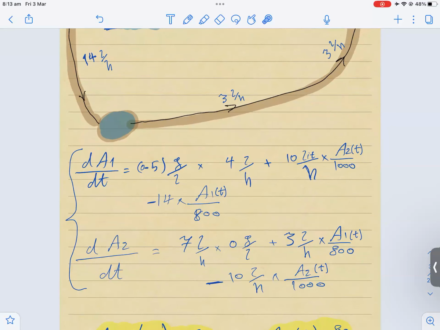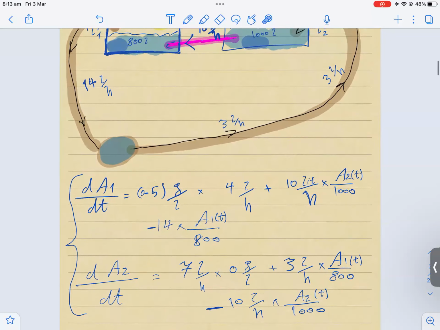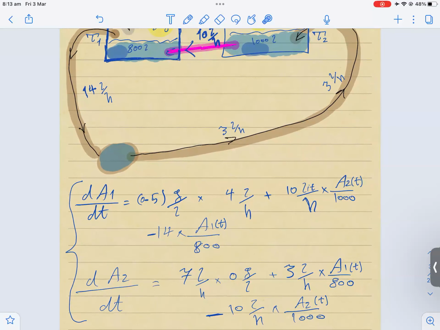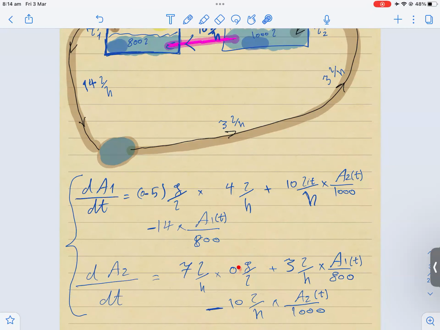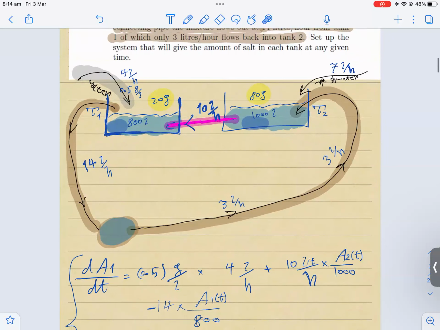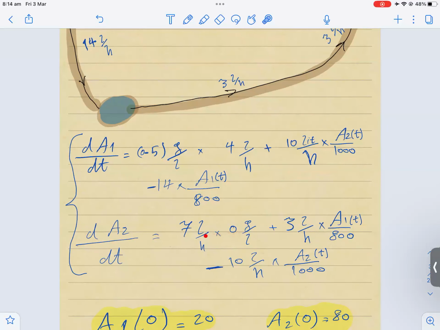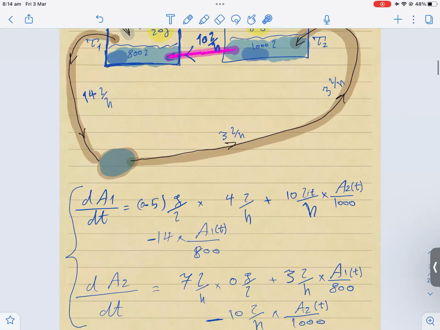So similarly, we can write the second ODE for tank 2. So fresh water, 7 liter per hour and 0 concentration because it is fresh water. So this is redundant, but I prefer to write it because I want to have a comprehensive solution.